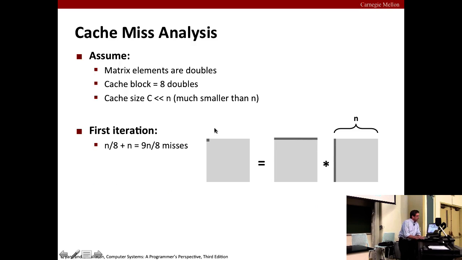We're assuming that the cache blocks hold 8 doubles and that the matrix elements are doubles, so we're going to miss 1/8 of the time. The first iteration does n of these references, and since we're missing 1 block for every 8 references, we miss n over 8 times.